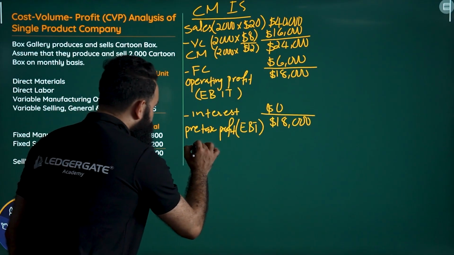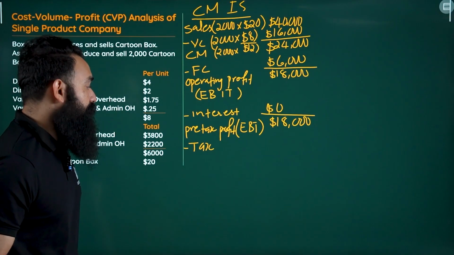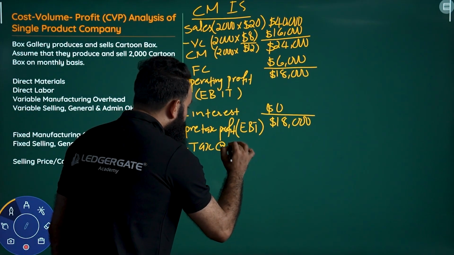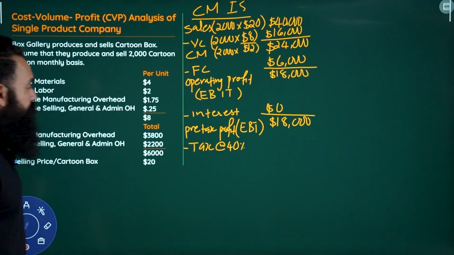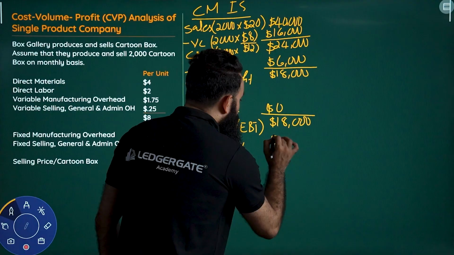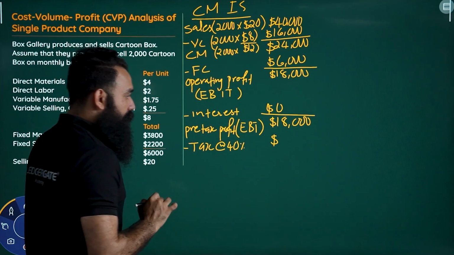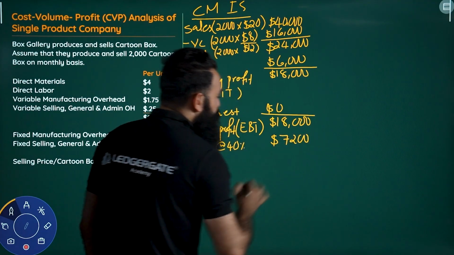From this we have to pay a tax. Assume that we are in a country, let's say the US, and our income tax rate is 40%. Our tax would be 40% of 18,000. How much would it be? That would be $7,200.